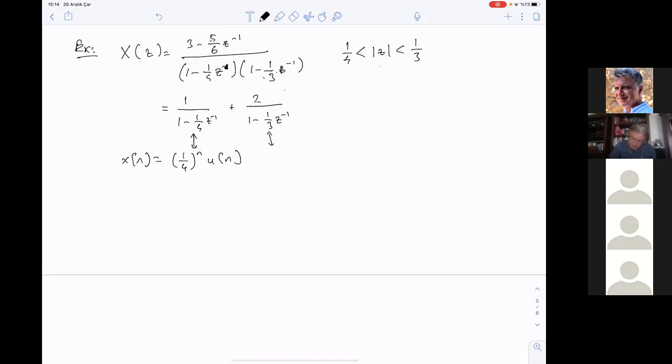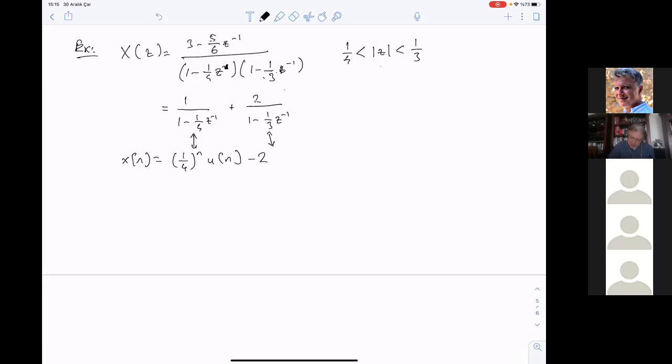How about the other one, this one? Now in the numerator we have a 2, so we have a plus 2 times something, but that something is actually a negative signal, so perhaps I should put a minus sign here.